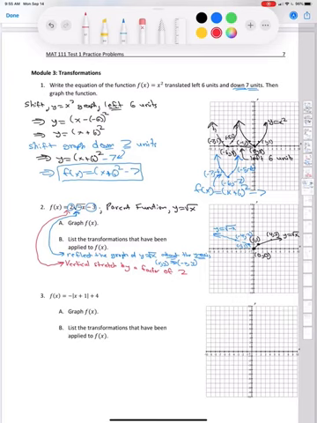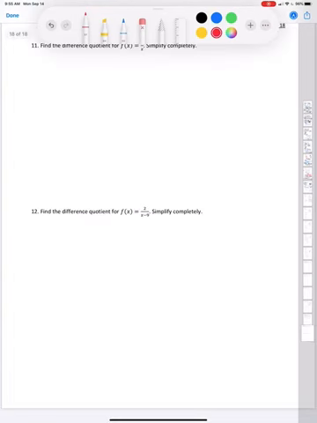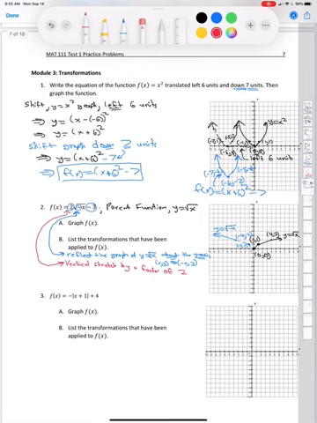Let's go ahead and take that. If we stretch this graph vertically by a factor of 2, I'm going to show that. As we're looking at our points right now, (-1, 1), we would multiply each y coordinate by 2. 1 times 2 is 2. So it would move to (-1, 2). (-4, 2), we multiply the y coordinate by 2. We would move up here to (-4, 4).